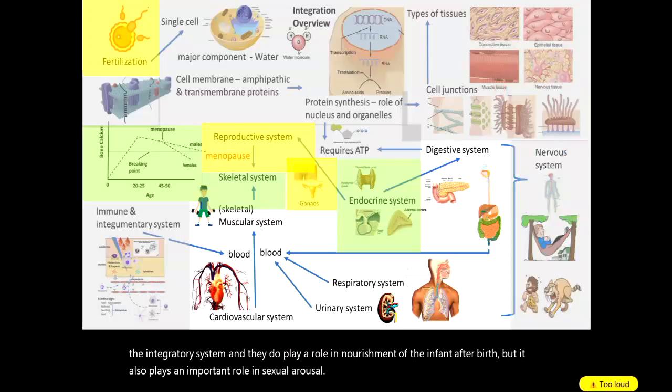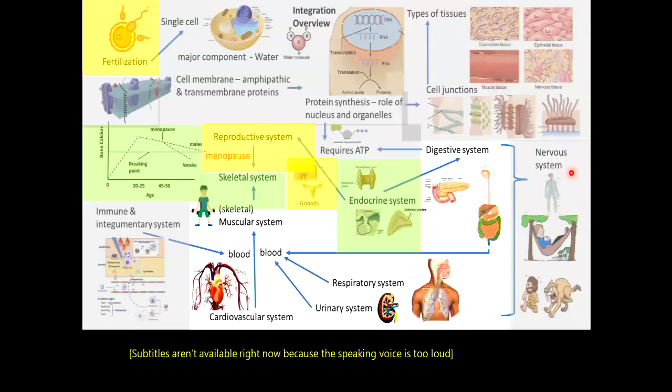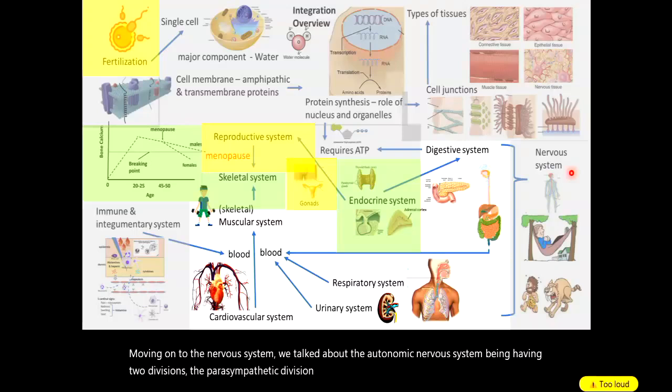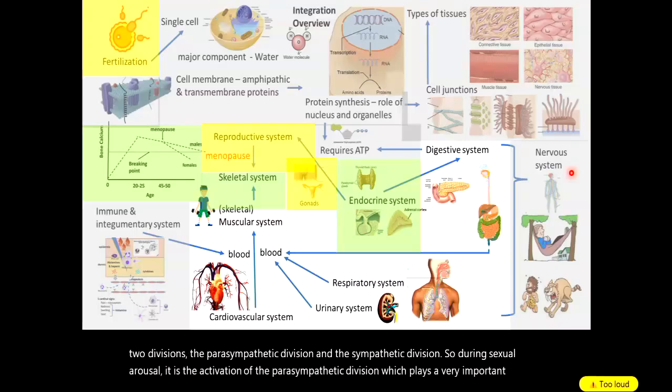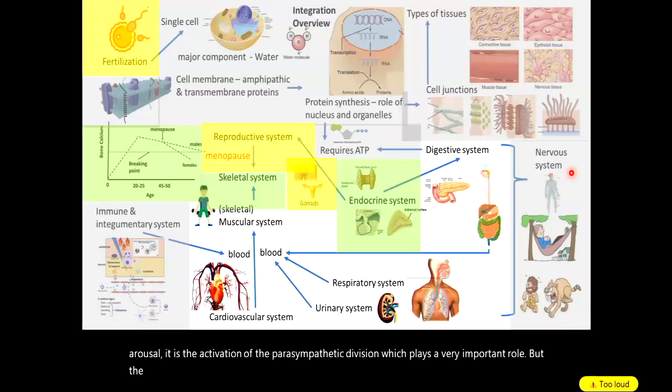Moving on to the nervous system, we talked about the autonomic nervous system having two divisions, the parasympathetic division and the sympathetic division. During sexual arousal, it is the activation of the parasympathetic division which plays a very important role, but the climax and orgasm are going to be mediated by the activation of the sympathetic nervous system.